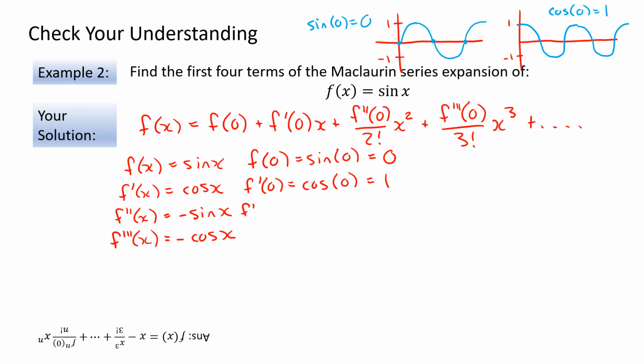The second derivative at 0 is equal to the negative sine of 0, which is still 0, right? Because -1 times 0 is 0. Lastly, our third derivative, f triple prime, I almost wrote x, at 0, is equal to the negative cosine of 0, which in this case is -1 times 1, or just -1.